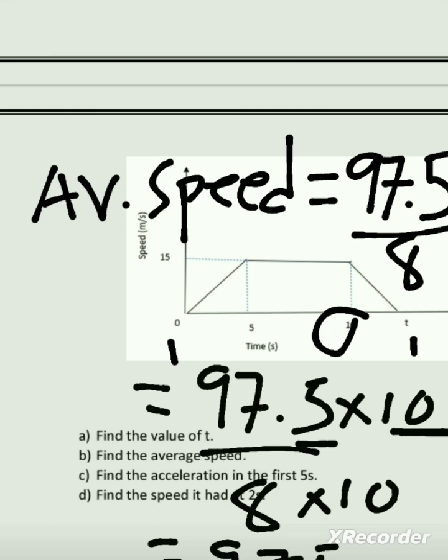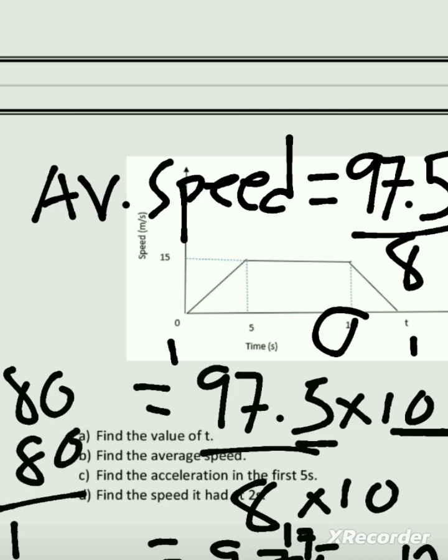Then we start: 80 into 97, it's 1, remainder 17. Then 80 into 175, it's 2. 2 times 80 is 160. So 175 minus 160, we remain with 15. Okay, 80 into 15, it can't.